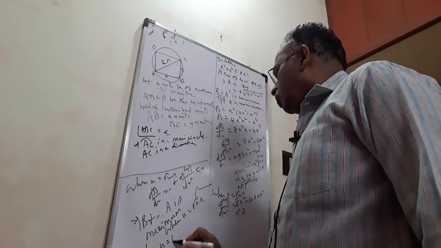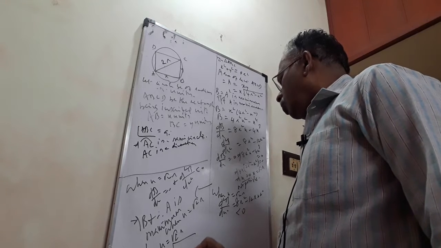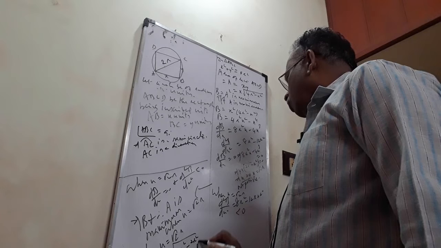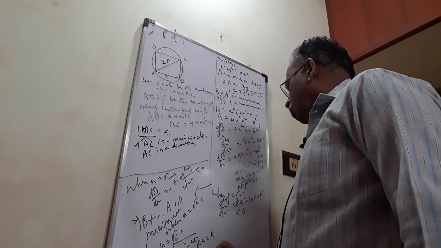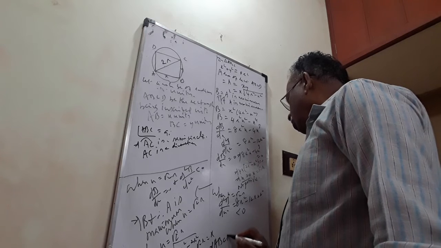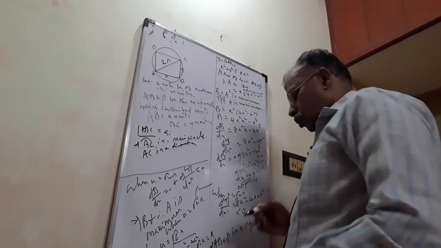When x is equal to root 2 r, y is equal to root of 4r square minus 2r square, which is also root 2 r, equal to x. x equal to y implies ABCD is a square. That's the way you should do it.